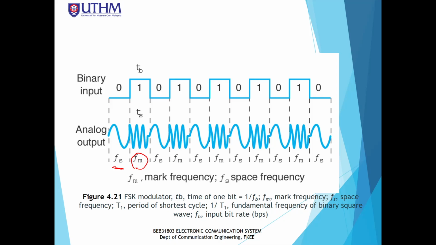For high frequency, you draw a sine wave with the ripples close to one another. Untuk FSK ini, untuk frekuensi yang tinggi, dia punya bentuk gelombang itu adalah rapat-rapat kerana dia high frequency. For low frequency, the ripples are further away from each other. Untuk frekuensi yang rendah, dia punya bentuk gelombang itu jarak-jarak.